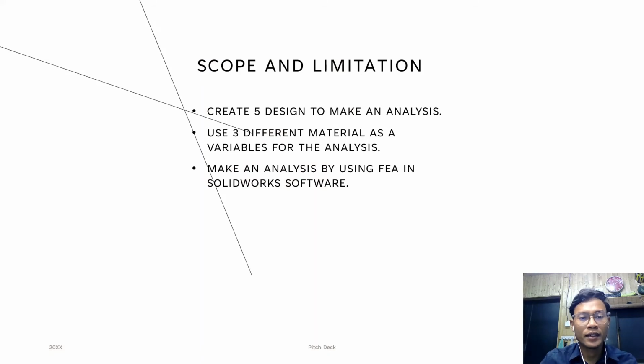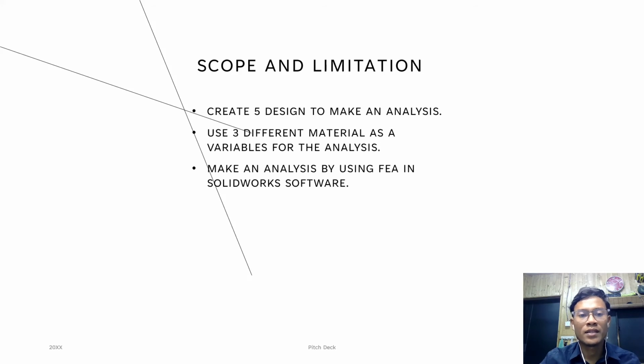On this slide, it shows the scope and limitation. I created 5 designs of the hook. For these 5 designs, I made an analysis to achieve the objective. In addition, I use 3 different materials as the variable for the analysis, which are polylactic acid (PLA), nylon, and polyethylene terephthalate (PET).